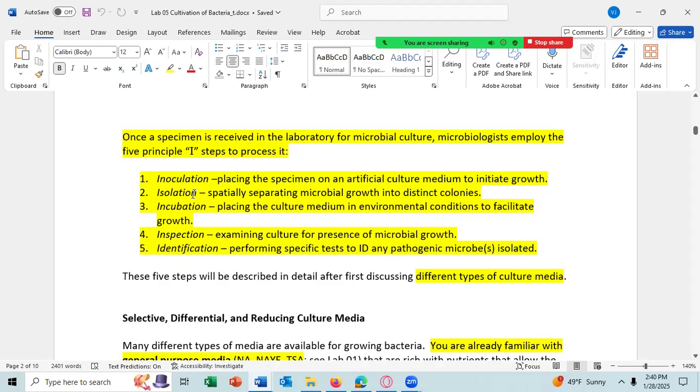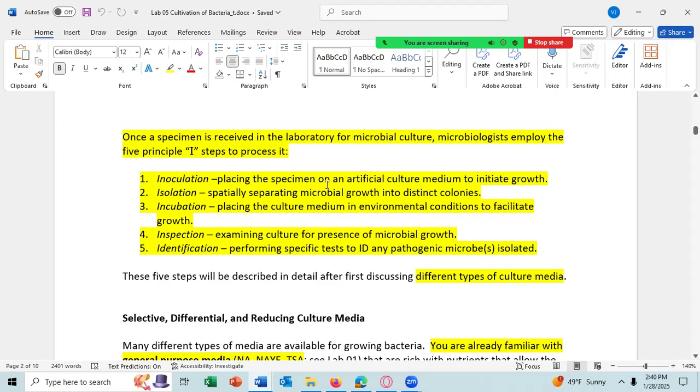So one, inoculation. Once they get it in the lab, they'll place the specimen on an artificial culture medium to initiate growth. Two, they will isolate it, spatially separating out microbial growth into distinct colonies. Three, incubation, placing the culture medium in the environment under conditions to facilitate its growth.